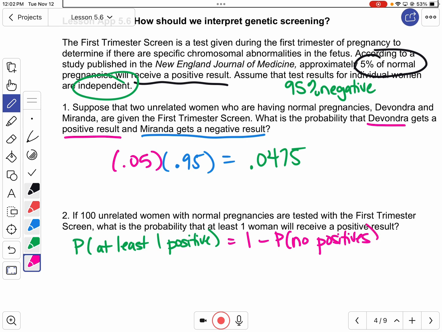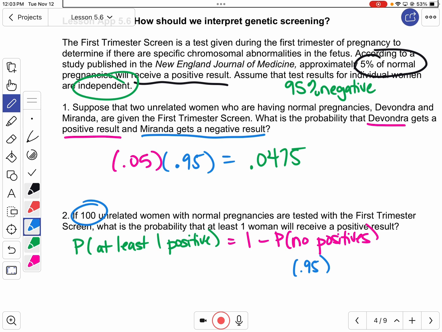What makes this one tricky is how many women we're talking about here: 100. So we've got 100 probabilities multiplied together, which is weird, right? Let's start with no positive. What's the probability that it's not positive? That makes it negative. And if there's 100 women, I'd need to multiply 100 of those together.